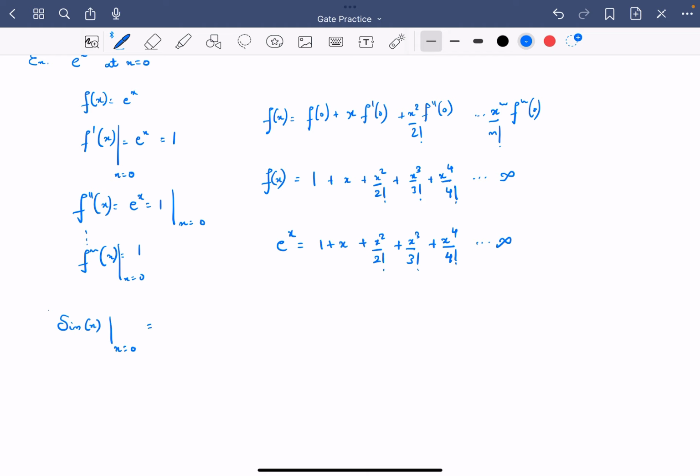This will come out to be x minus x cube by 3 factorial plus x raised to 5 by 5 factorial and so on till infinite. Cos x at x is equal to 0. Remember, cos is an even function, so the even terms will be there: 1 minus x square by 2 factorial plus x raised to 4 by 4 factorial, so on till infinite.